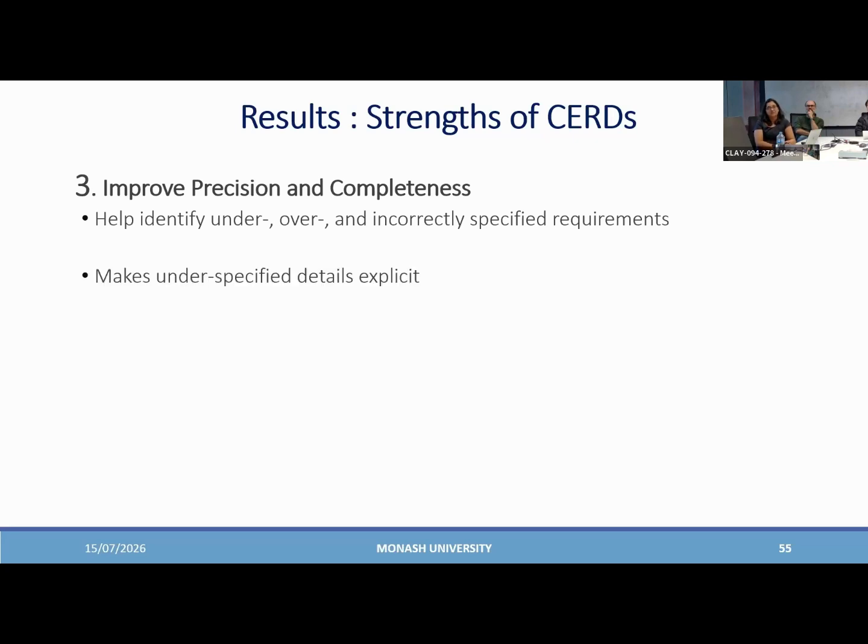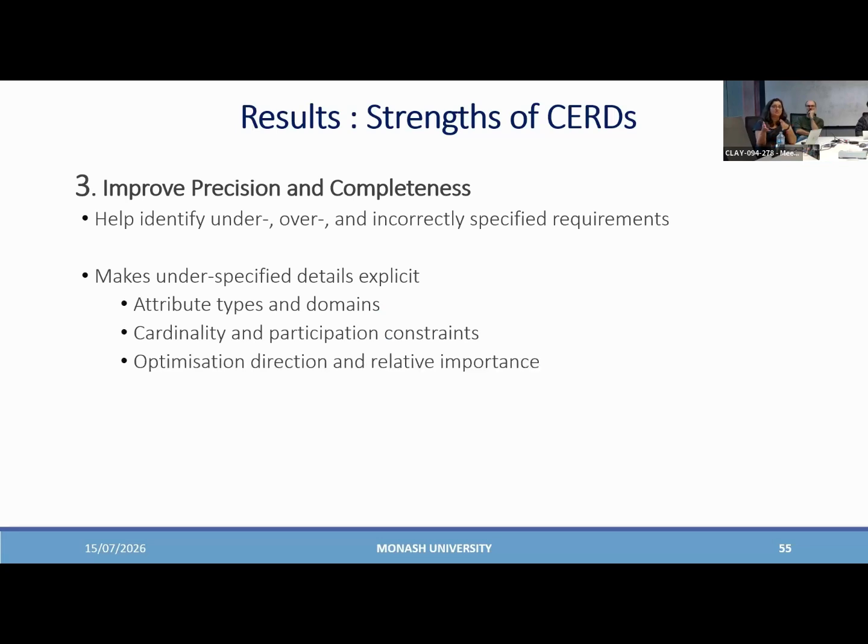And in the SERD notation itself, we also try to make the often underspecified details explicitly specified. For example, we have notations to capture the attribute types and domains, cardinality and participation constraints, optimization direction, and the relative importance, which is often missed in the first discussions.